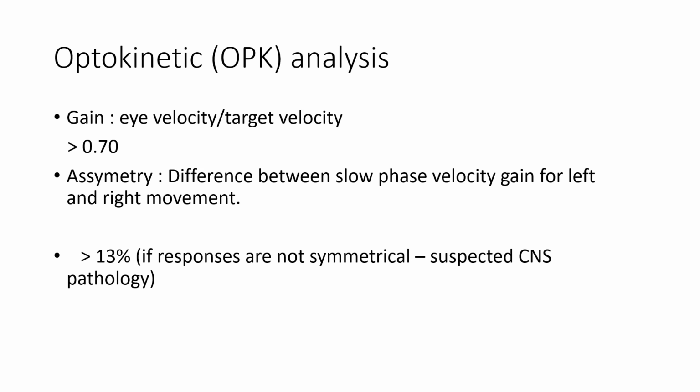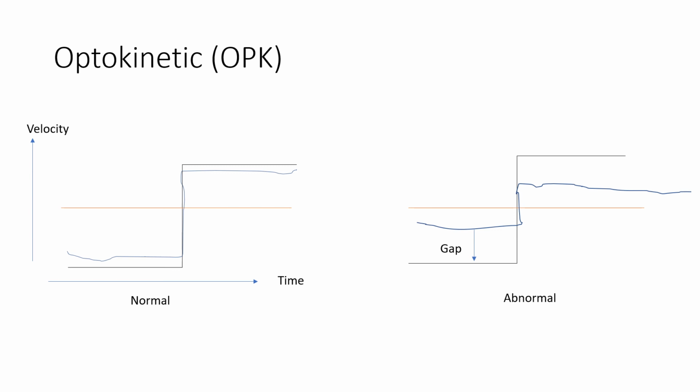The result must be interpreted carefully to differentiate the response from peripheral and central lesions. This is a graph of gain asymmetry for both directions. The black line represents the gain and the blue line represents the response.